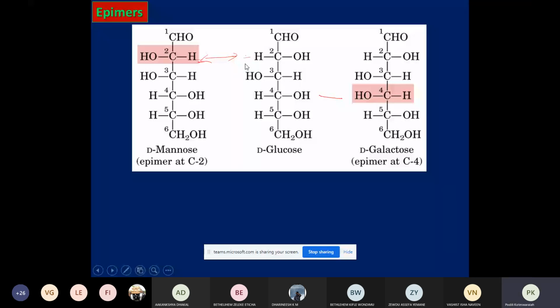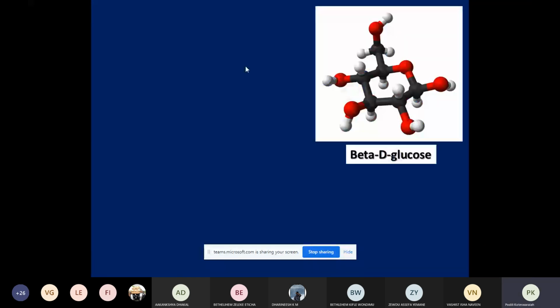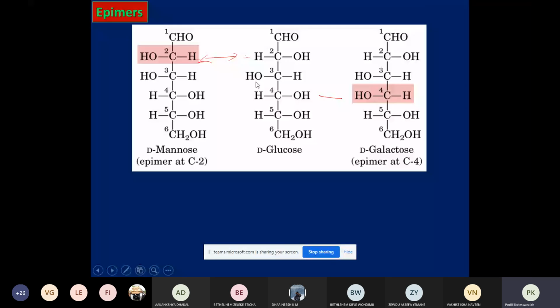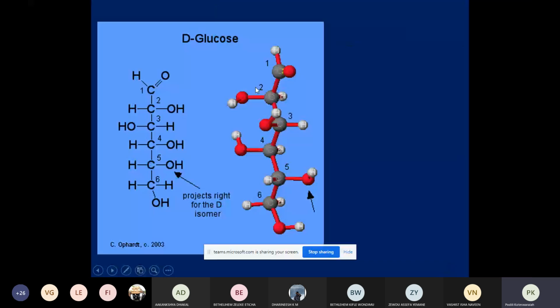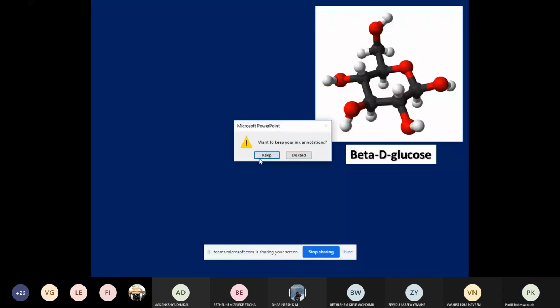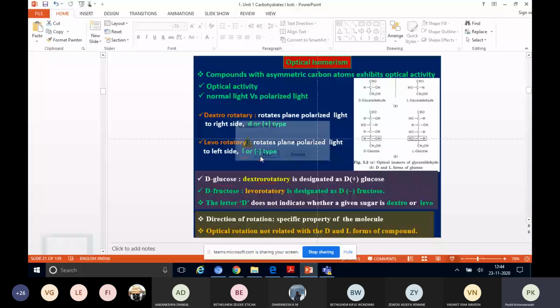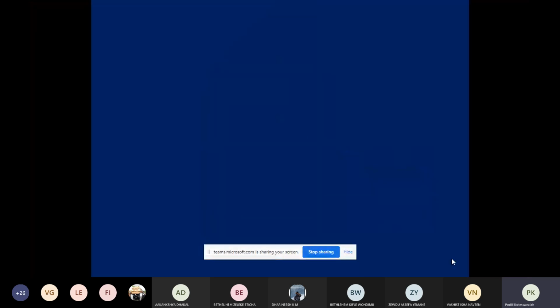Before going on to explain the cyclic structure of the monosaccharides, I just wanted to make it clear that capital D and capital L sugars are the DL configuration of sugars.